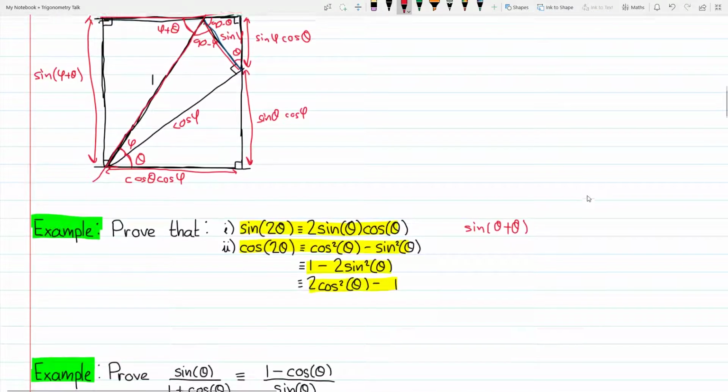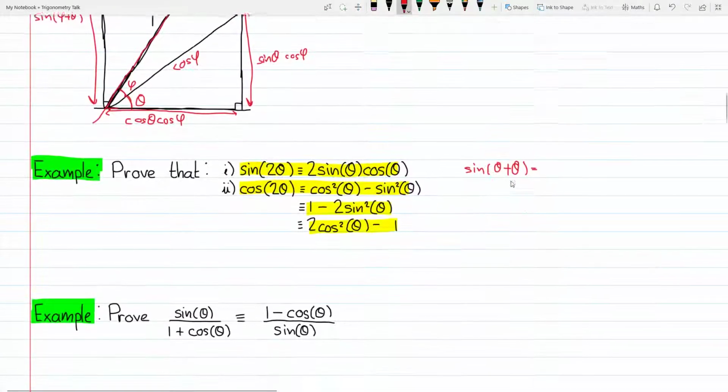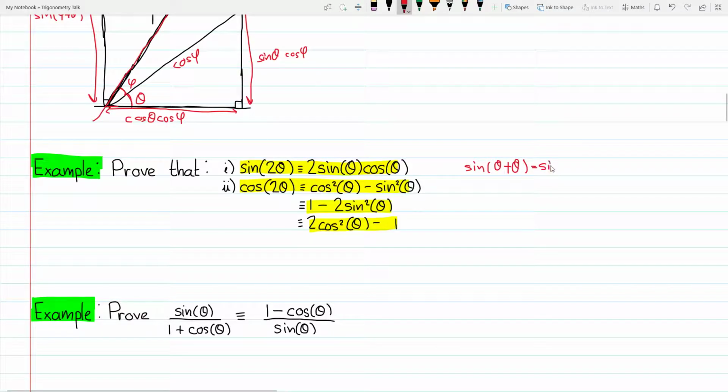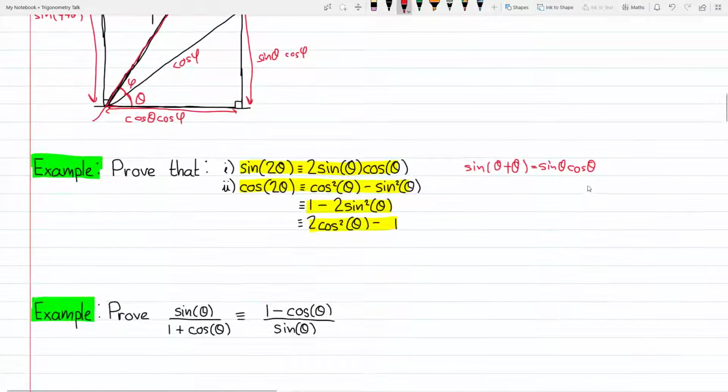And so we can apply this equation up here. Sine of theta plus sine of theta, well, it's going to be sine of theta times cos of theta, and then we're going to be plussing cos of theta plus sine of theta. And this is by the identity we just proved.